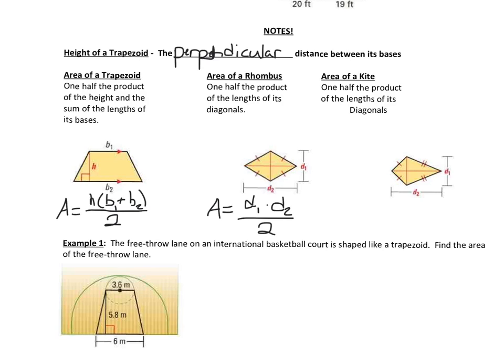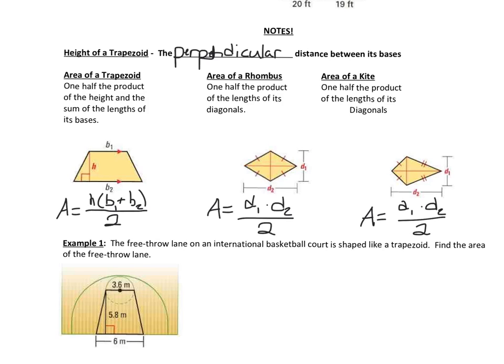Again, that comes down and is perpendicular. So the area of my kite is the same as the area of my rhombus, which makes it a little bit easier to remember all of them. I've got my diagonal 1 times my diagonal 2, and take that whole thing divided by 2.